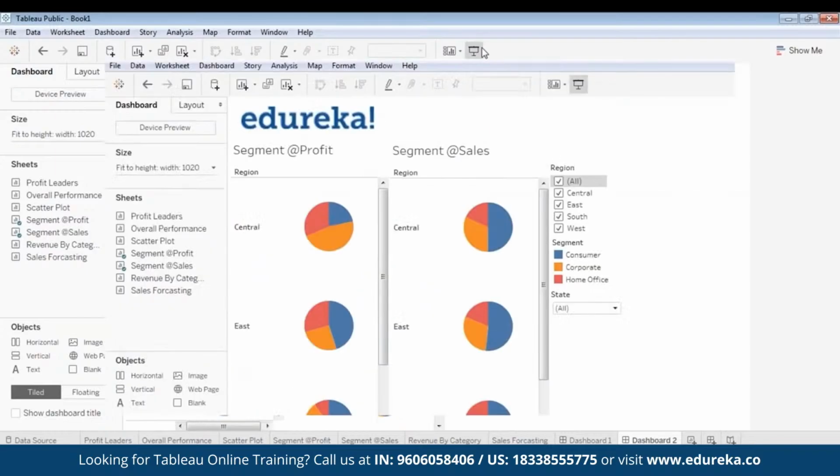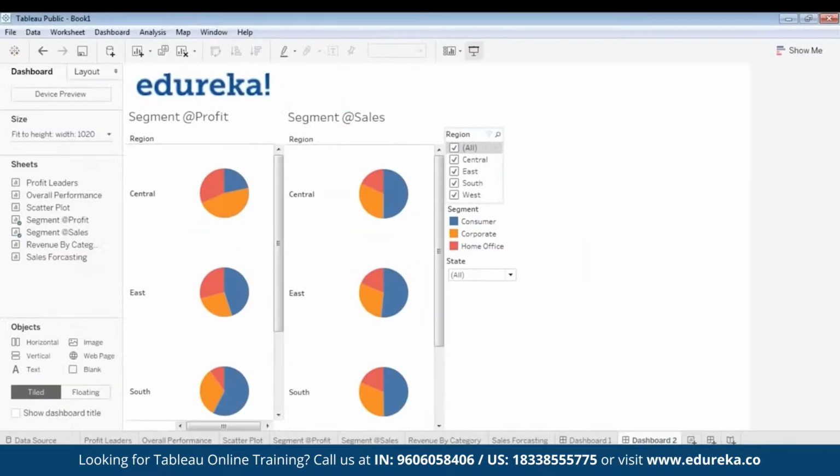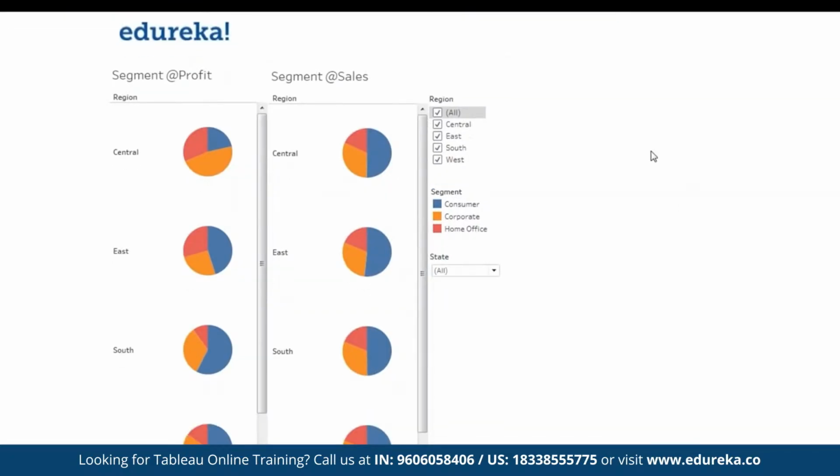Let me just go to full screen. Let me see. Right now my dashboard looks like this. Let me just make my logo a little smaller.